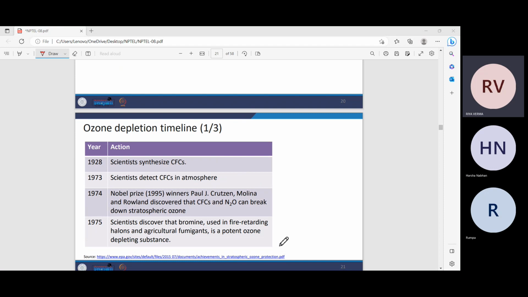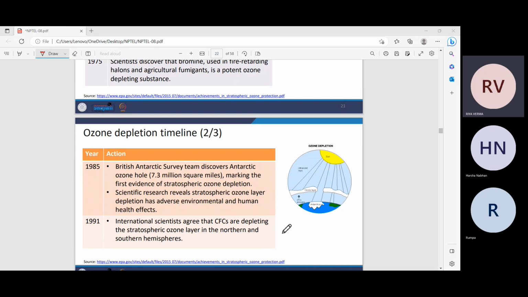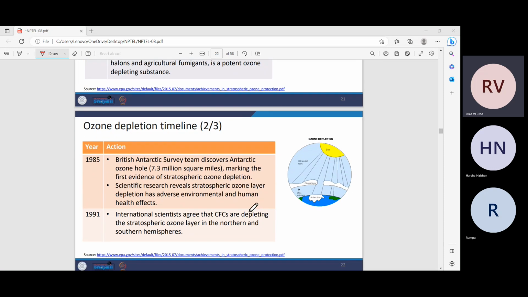In 1975, they realized that bromine also functions in the same way, and it also acts as an ozone depleting substance. Then in the year 1985, the British Antarctic Survey team discovered the Antarctic ozone hole.